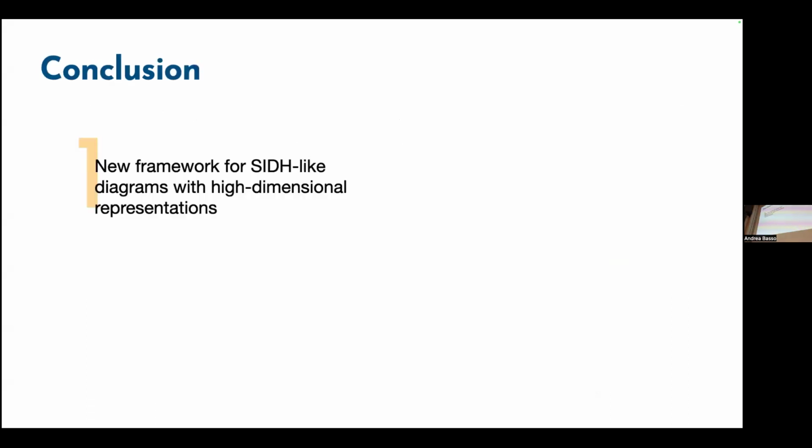Okay, so to quickly sum up, we propose a new framework that allows us to build SQIsign-like commutative diagrams while also using the higher dimensional representations. Using this framework, we can obtain a PKE that we expect to be pretty efficient in computation times, but also quite compact, and possibly even more compact using better parameters.